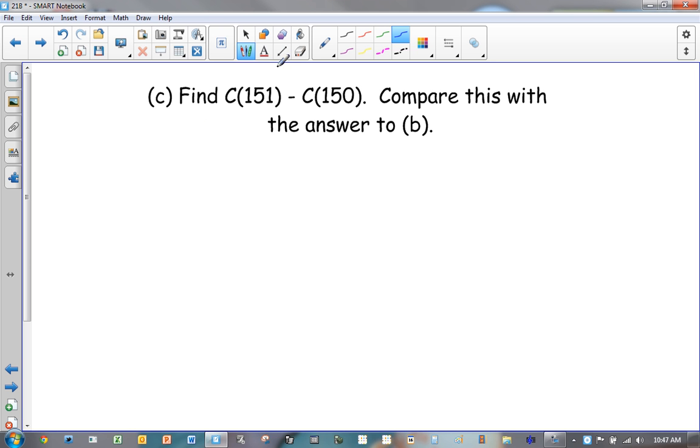Part C. Let's actually figure out the cost of producing 151 items and subtract the cost of producing 150. That's another way to calculate the actual change in producing that 151st item in my factory. So C(151), I'm going to go back to the original cost function, not the derivative here. So that's the cubic function that I started out with. And just to save ourselves some time plugging in, I figure out that the cost of producing 151 items is $3,448.19.